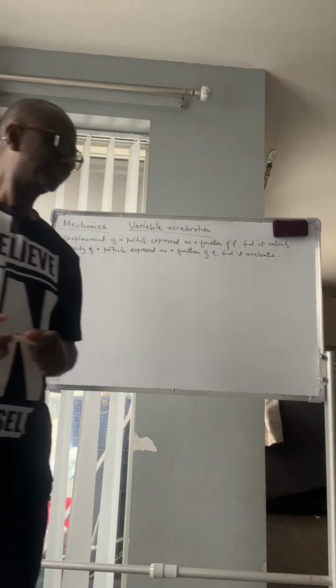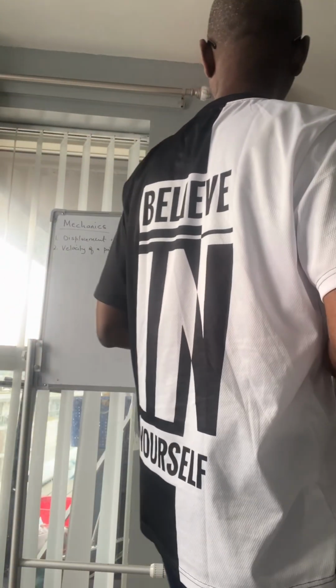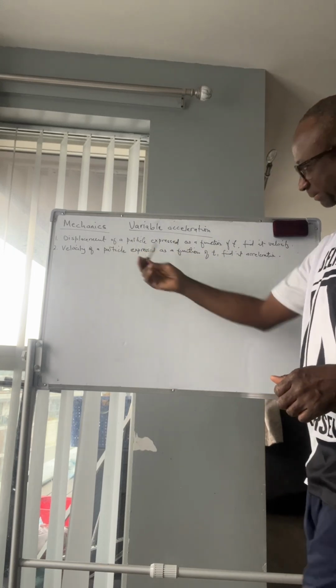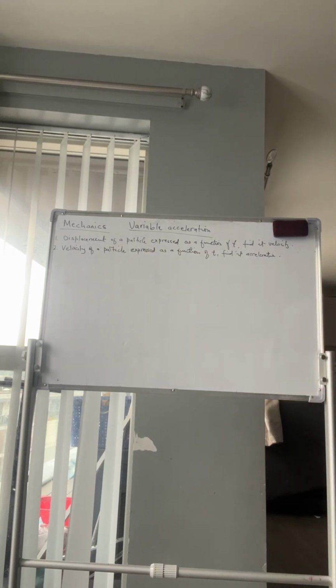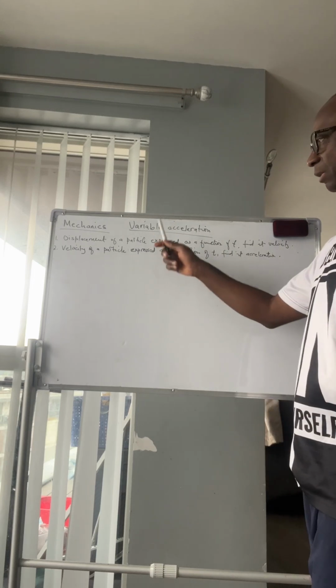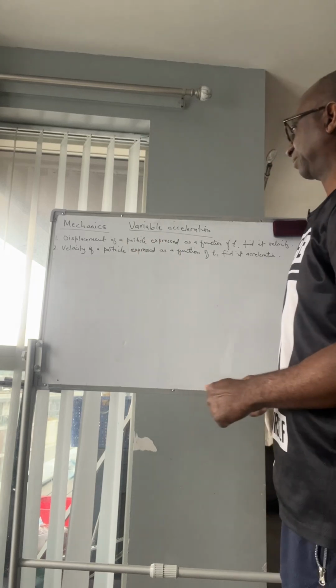What is velocity? If you want to define it using displacement, if the displacement of a particle is expressed as a function of time, then its velocity is the rate of change of displacement.